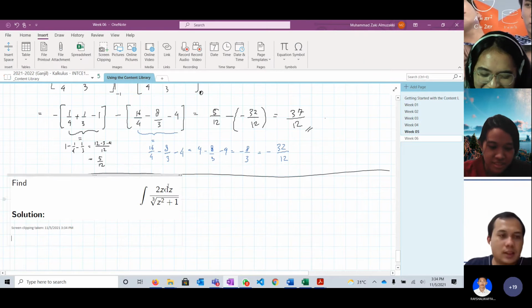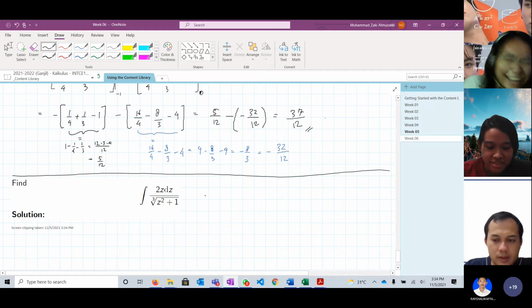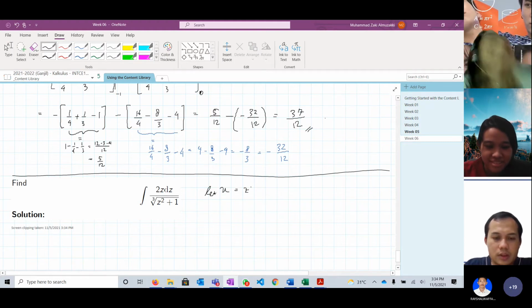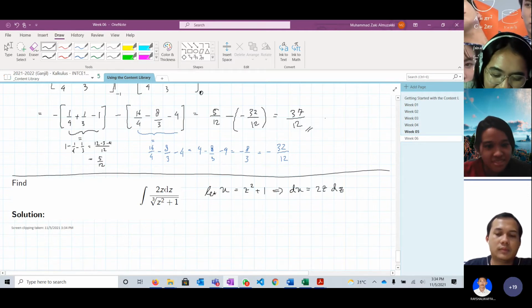So in this case, we let u be equal to z squared plus 1. Then we have that du is equal to 2z dz.